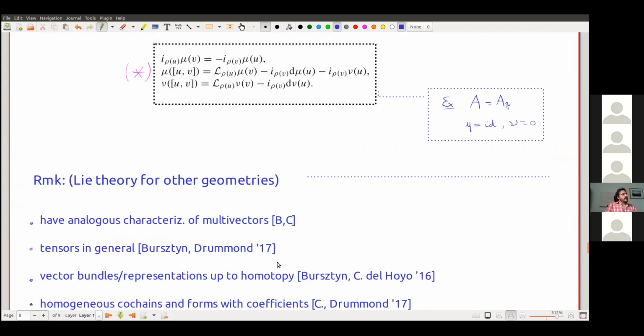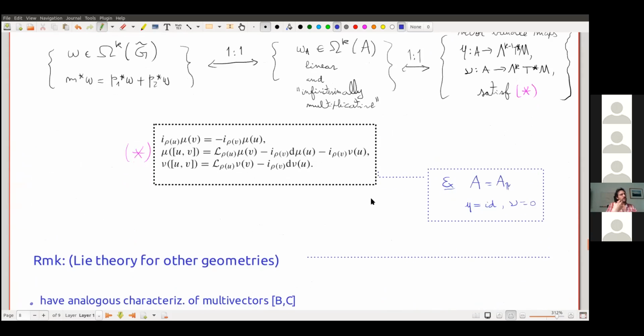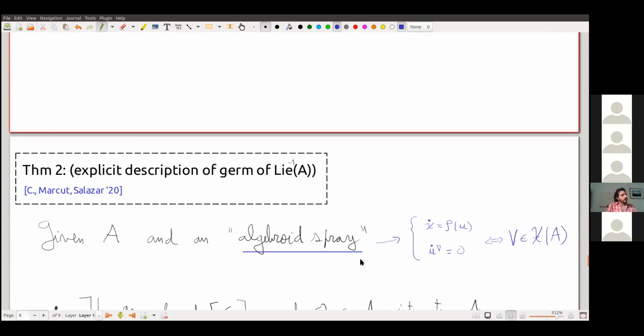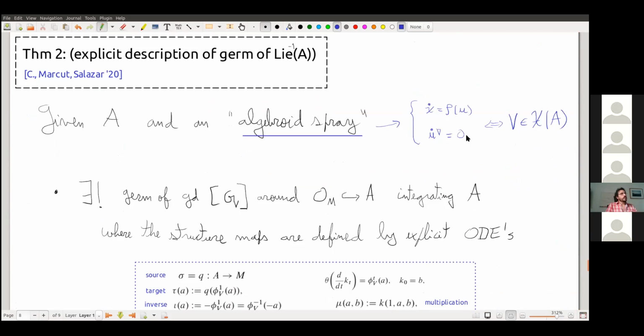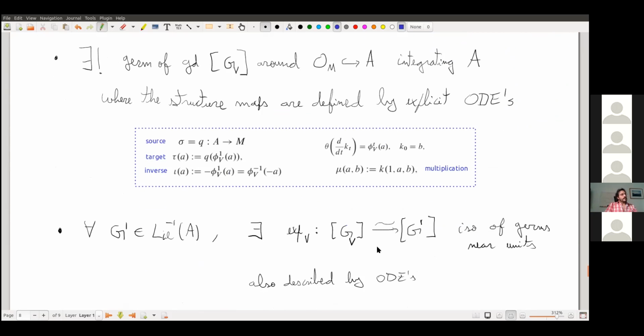Another thing is that if you already have a groupoid, then you get this one-to-one correspondence. But what about constructing this groupoid? Then we have results using an auxiliary differential equation that is called algebroid spray, which generalizes geodesic spray, and so on. We can construct the groupoid structure through explicit ODEs, and this gives you a model near the units for any other groupoid.